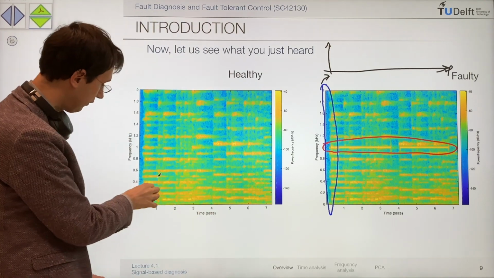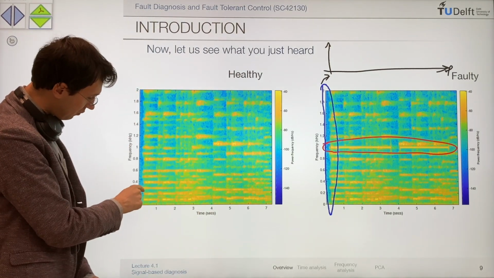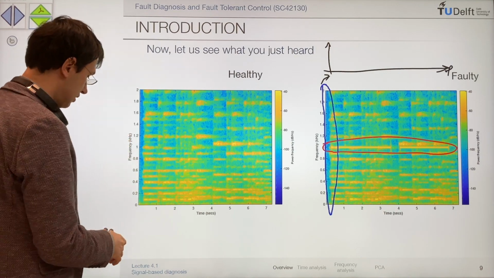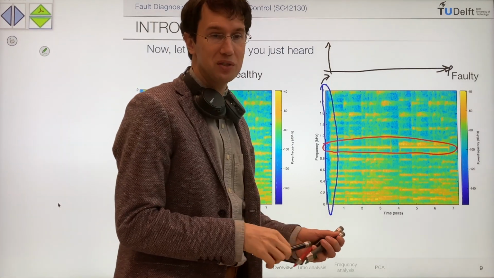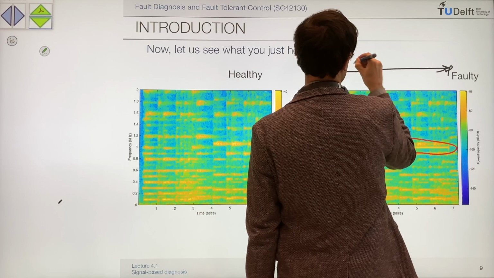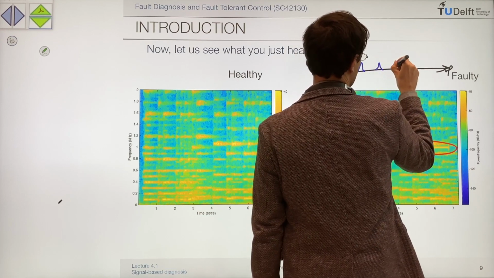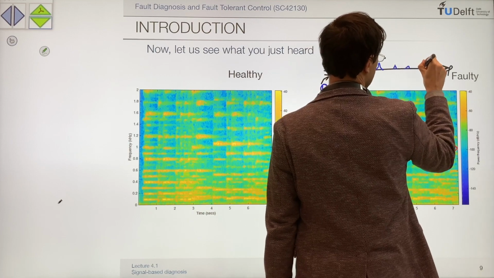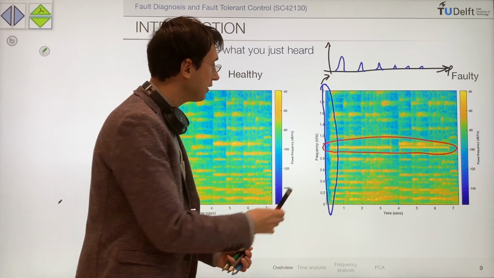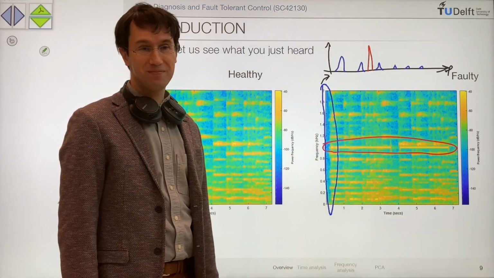Normally, if you look at the same slice in the healthy signal, we have a number of peaks corresponding to each harmonic. I will not draw all of them, I will just draw a few of them. So we have the fundamental, upper harmonic, and so on. But when we have a fault, we have something in between that is quite big and shouldn't be there.